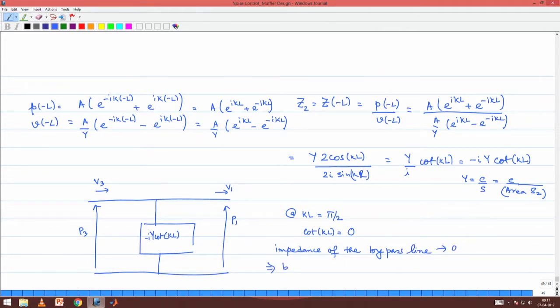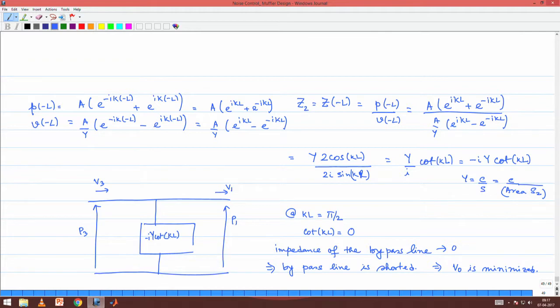This implies the bypass line is shorted, which implies V0 is minimized. This will again lead to a good insertion loss, because you have a bypass line wherein the entire current flow is occurring through the bypass line, it is not going downstream.